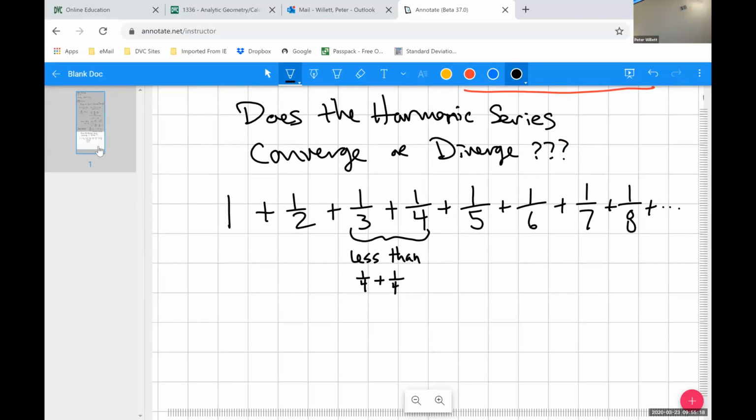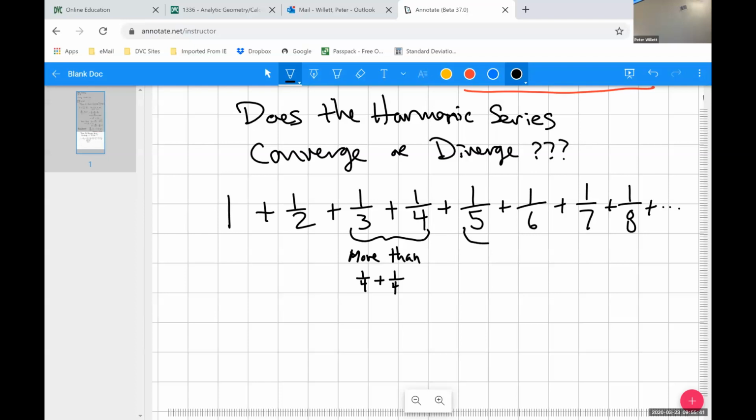I'm sorry, I said less, I meant to say more. And 1/4 plus 1/4 is 1/2. So that means that these two numbers added together are more than 1/2.